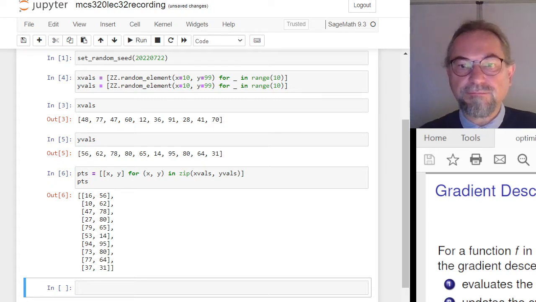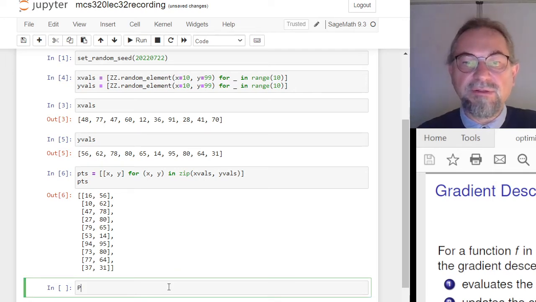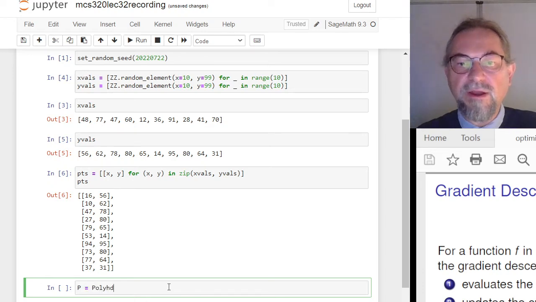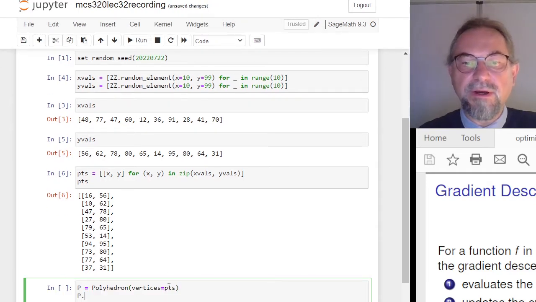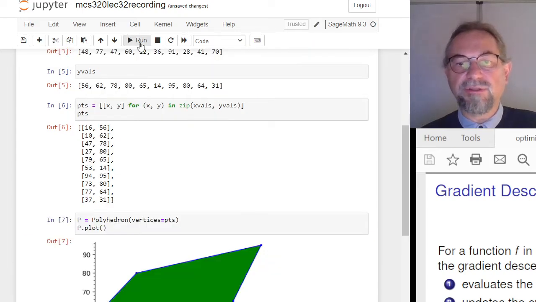A nice exercise on list comprehensions. Okay, so we are almost there. Now I can define the convex hull via the polyhedron wrapper, where I say that the vertices are defined by the list of randomly generated points.